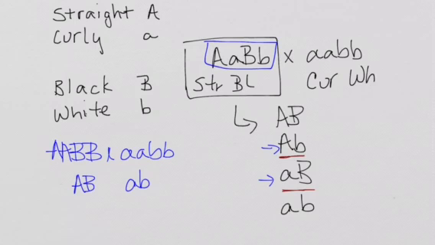Another alternative possibility is that the parents that generated that one might have been like this. If that was the case, this one would contribute a big A, little b, and this one over here would contribute this right here.